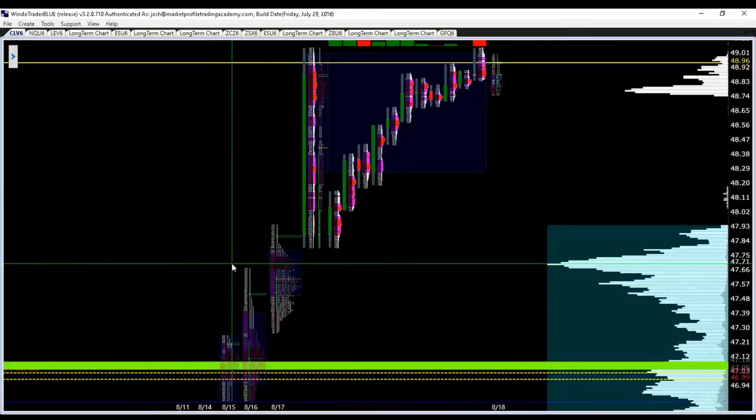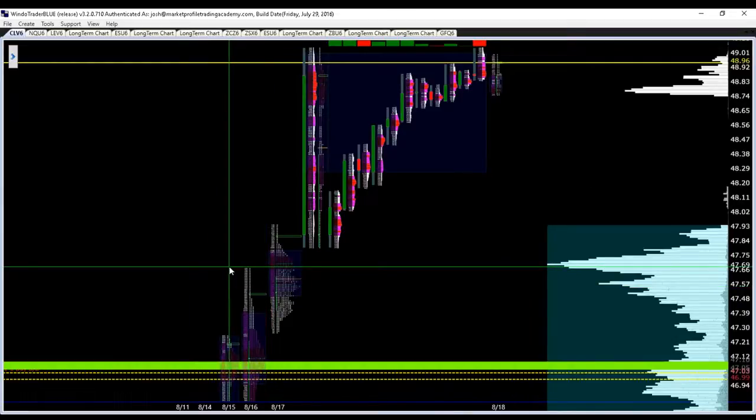This is the top of the prior day's range. We're outside of that. So what that's telling me is that someone is still interested in being long this market, and I need to pay attention. So unless we can come back into the prior day's range and spend some time down there, we may never come back to the prior day's range.